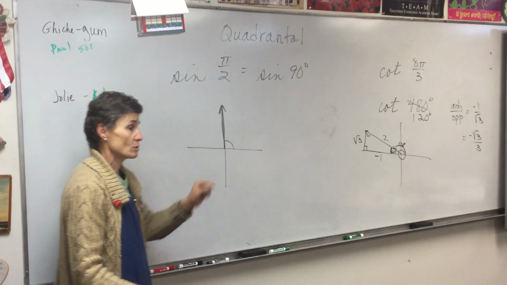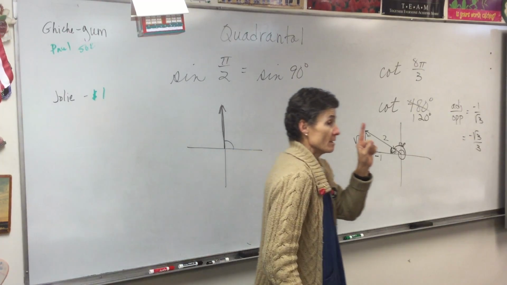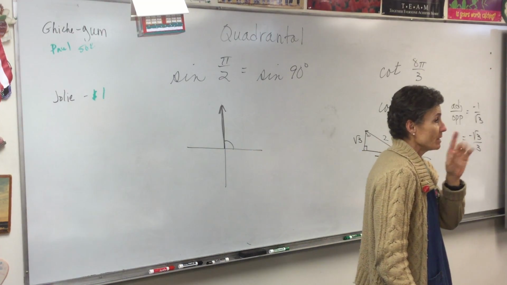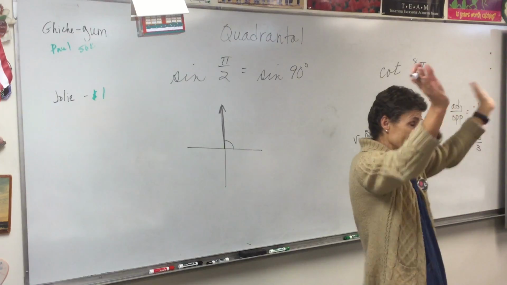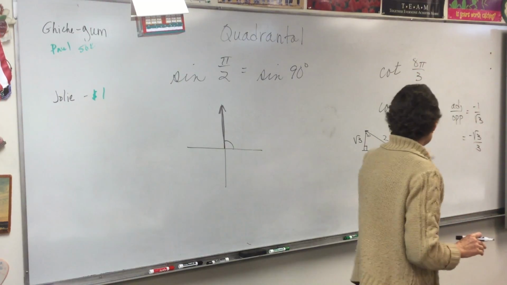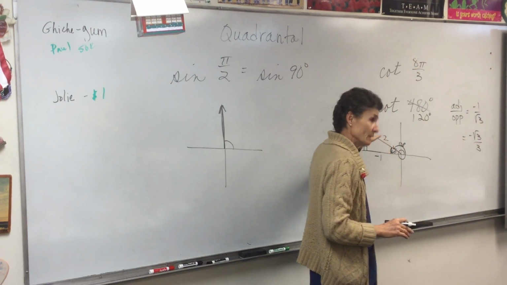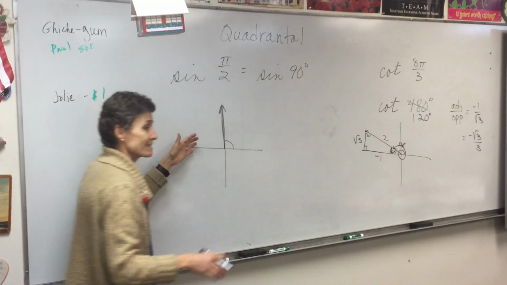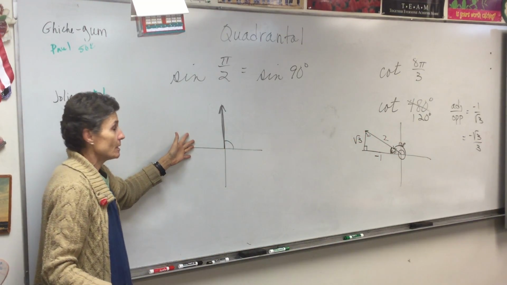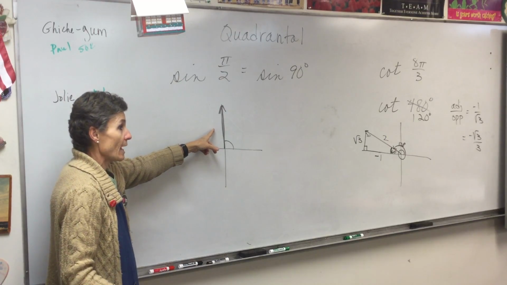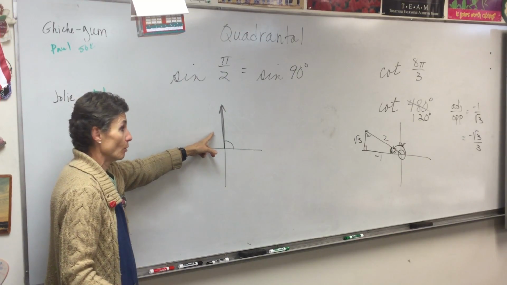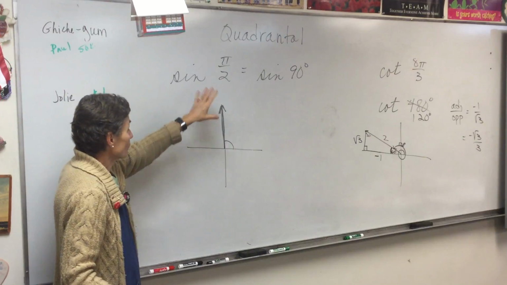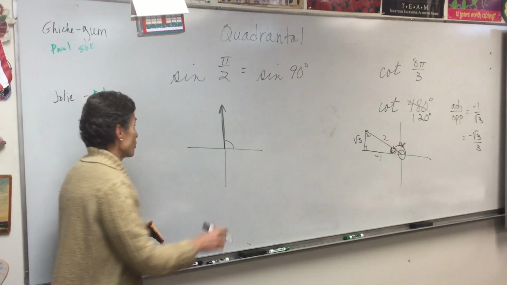So how do we deal with those? Because there's no triangle to draw. With all of our other ones, with sticking out places, we've been able to create a triangle, label the sides, and do Sohcahtoa or something. That's not possible when you have your angle sticking straight up or straight out. If it's a quadrantal angle, we're not going to draw a triangle.